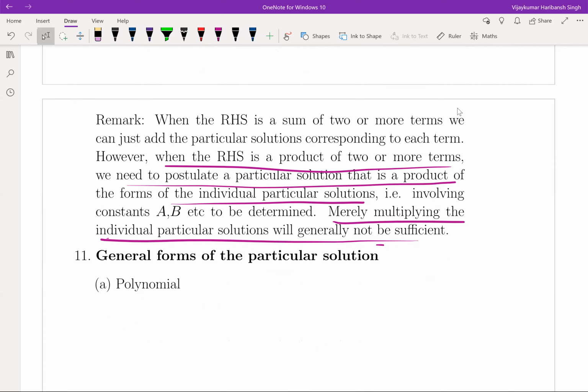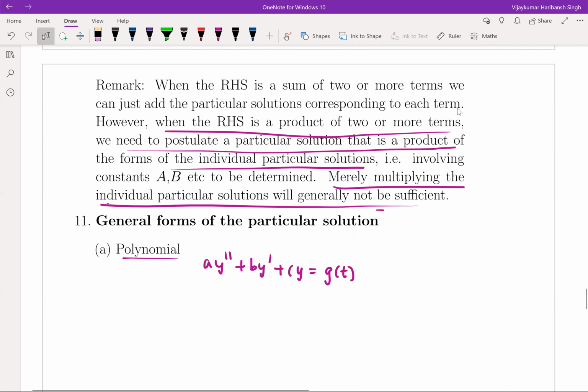So again, if we have a y double prime plus b y prime plus c y equals g of t, depending on g of t, we can postulate various particular solutions.